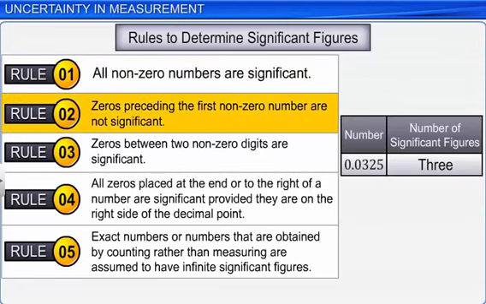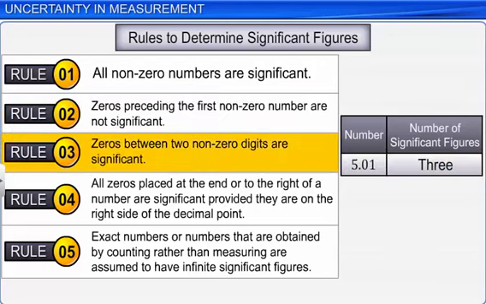According to the second rule, zeros preceding the first non-zero number are not significant. Such zeros indicate the position of the decimal point. For example, 0.0325 contains 3 significant figures.